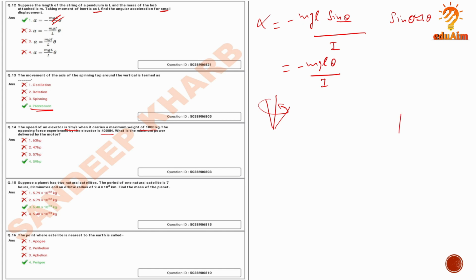So we have an elevator going upward and its weight is acting downward, mg. So the downward acting force is weight mg plus the force of friction. Mass is 1800 into g.